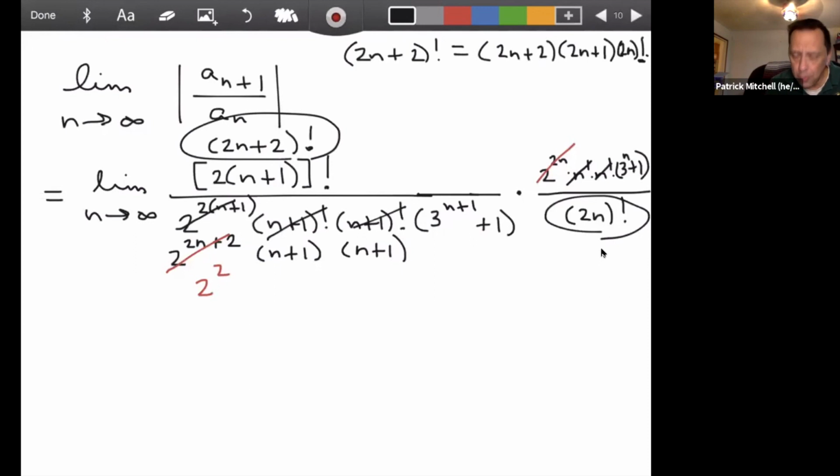All right, so you can divide this into this, and it's just going to leave 2n plus 2 times 2n plus 1. Okay, so what's left?